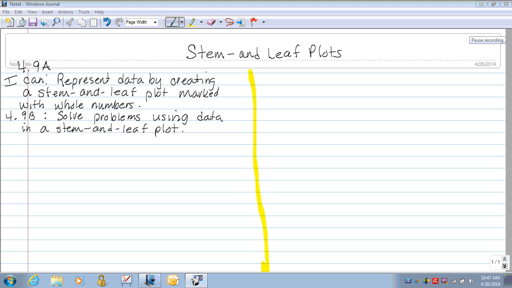So I am sure you're asking yourself, Ms. Weaver, what is a stem and leaf plot? So we are going to write the definition of stem and leaf plot.